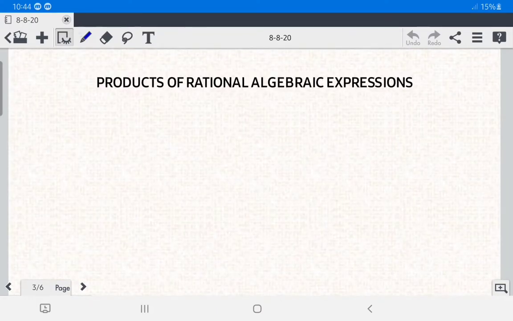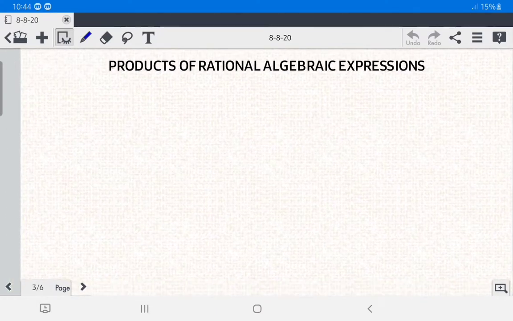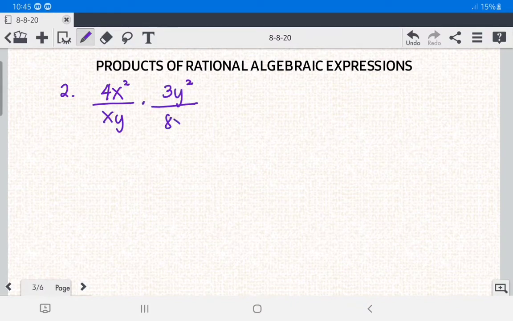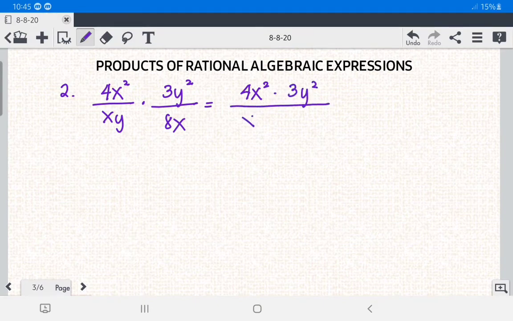Okay, for number 2, we have 4x squared over xy times 3y squared over 8x. So multiply the numerators. We have 4x squared times 3y squared over xy times 8x.